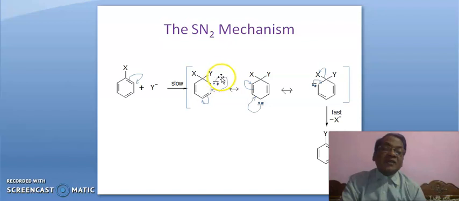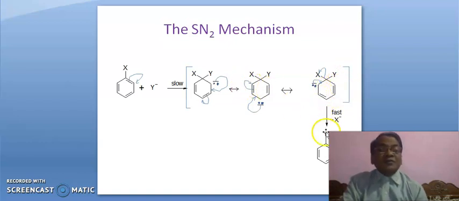Then this electron will shift in this fashion, and so this pi bond will shift in this fashion, leading to this. Again this electron will shift in this fashion, and so this pi bond will shift in this fashion, leading to this.